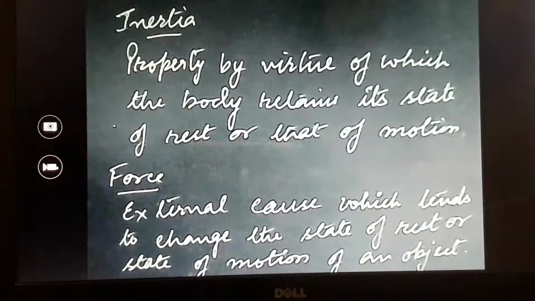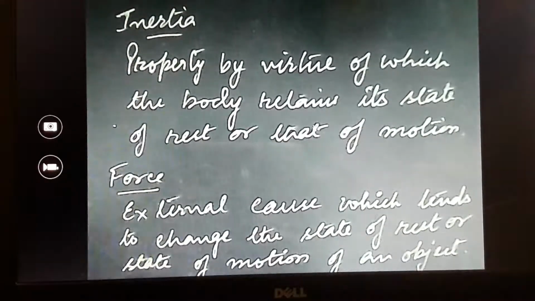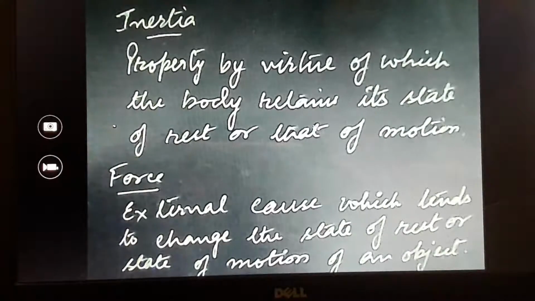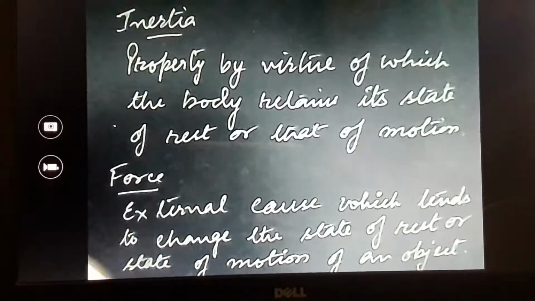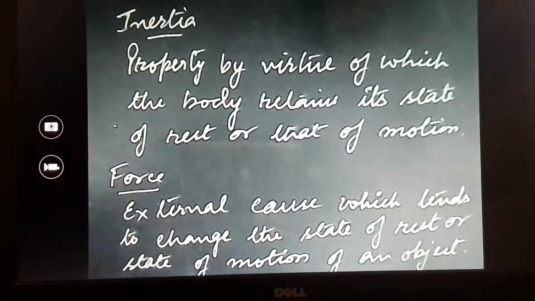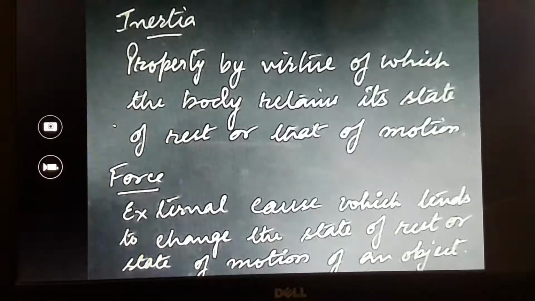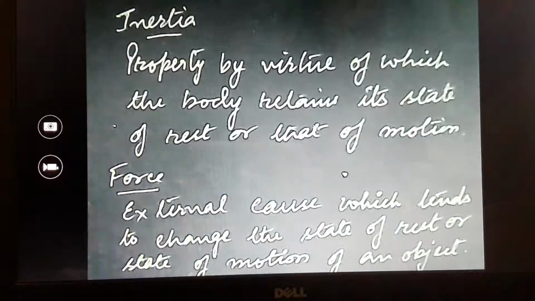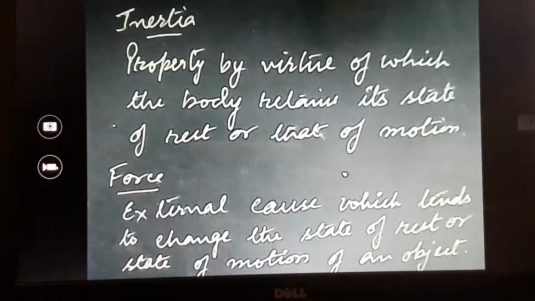As the train starts moving, the lower part shares the motion at once, but the upper part, due to inertia of rest, cannot share the motion simultaneously, so it tends to remain at the same place. Consequently, the lower part of the body moves ahead and the upper part is left behind, and this leads to the backward fall of the passenger.